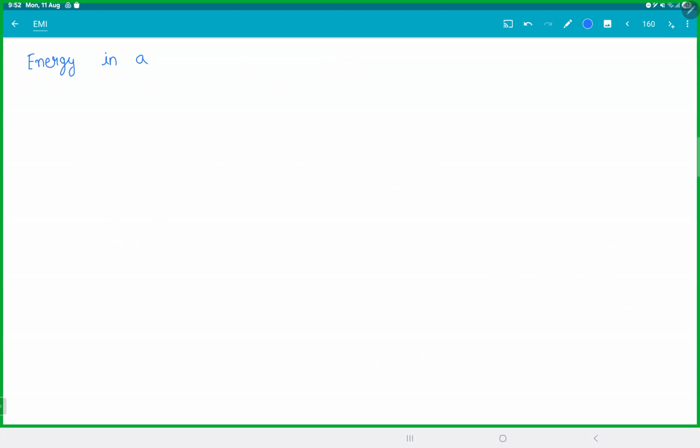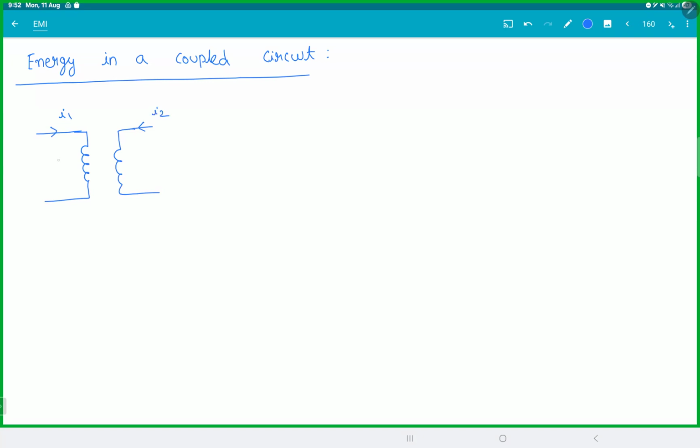Energy in a coupled circuit. Coupled meaning they're interacting with each other. Let's say we have 2 coils here. I1, I2, L1, L2, M is the mutual inductance.